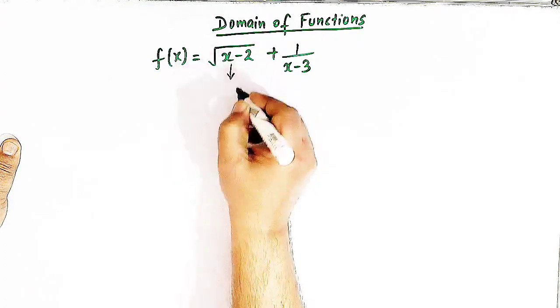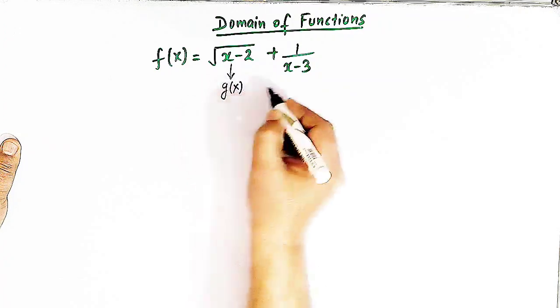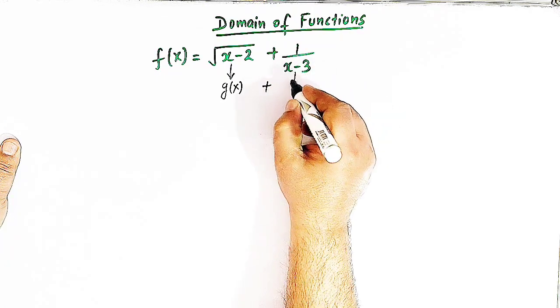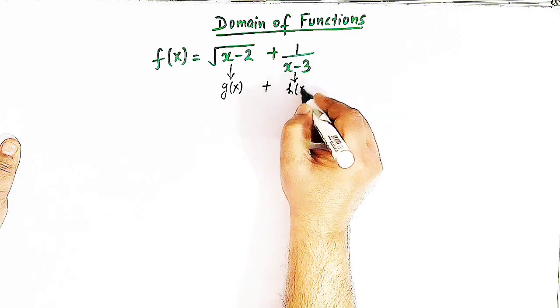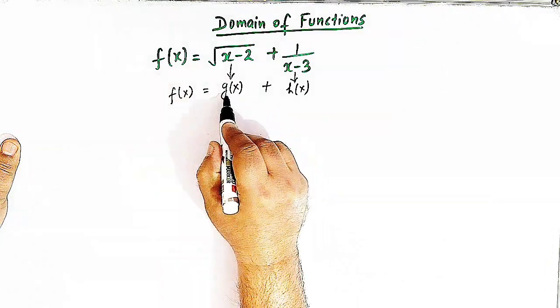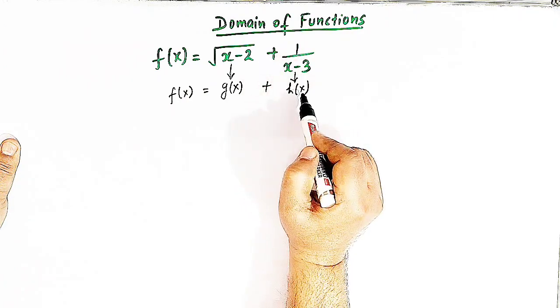Let us call this square root function g of x, and this rational function h of x. So f of x is the sum of a square root function and a rational function.